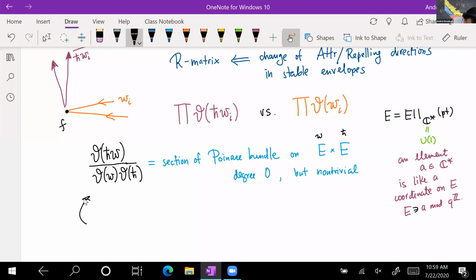This is a section of the theta bundle. Remember that I have a linear representation of a torus, and the corresponding section of the corresponding theta bundle is just the product of all weights of that linear representation. I'll write it like that, minus H bar. So this is the character of a virtual representation.